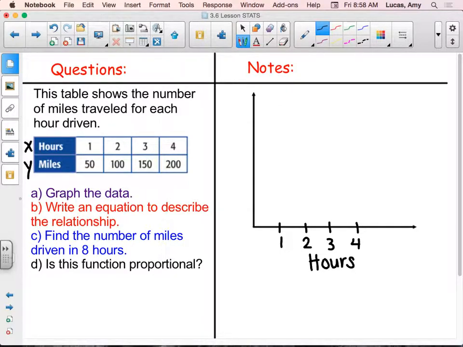And then on the y-axis I need miles because miles are the dependent variable. The number of miles you've driven depends on how many hours you've been driving. The miles go up by 50 each time, so that works for me. I can go by 50s.